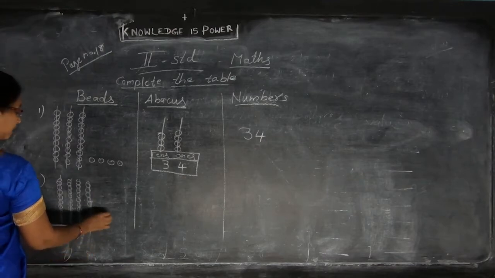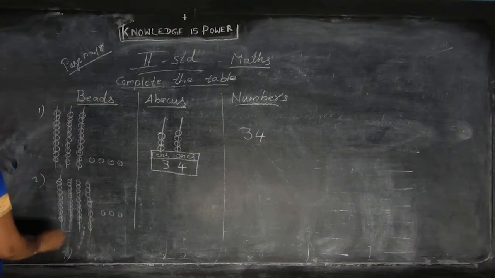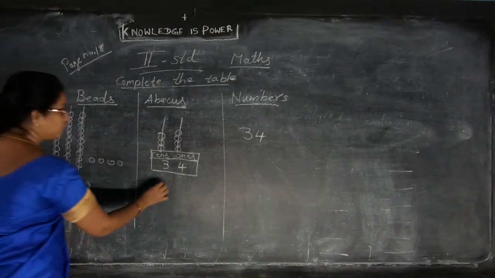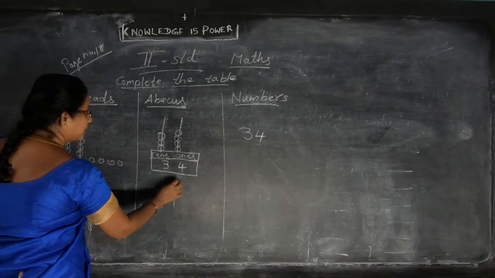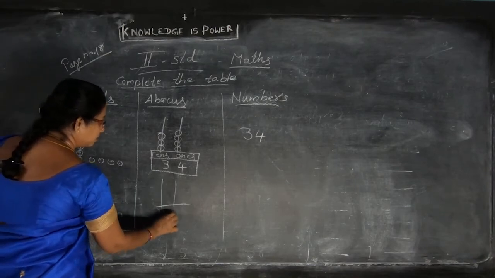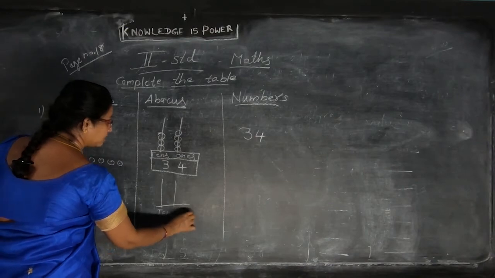Then 1, 2, 3. This is ones. See here, 4 tens are there. Now we are going to put this in the abacus rod. Tens. This one is ones place.